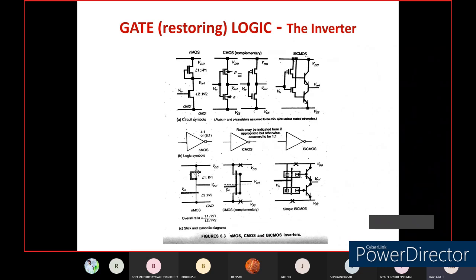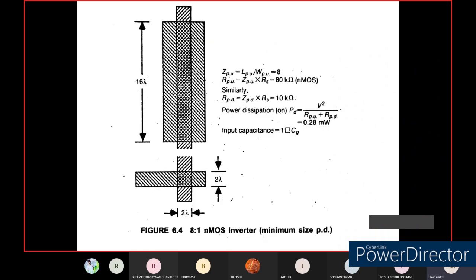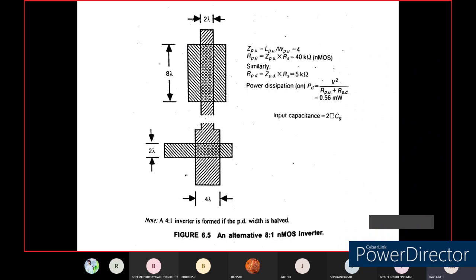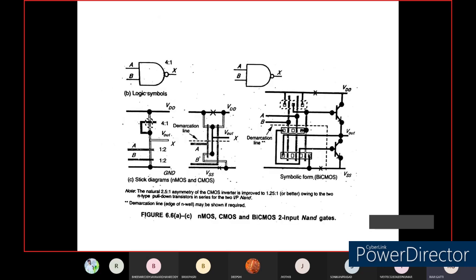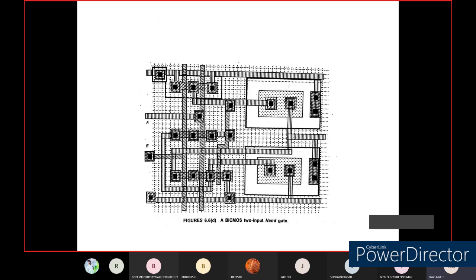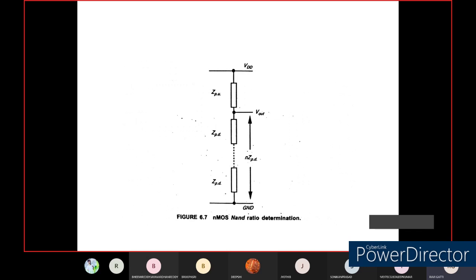If the bottom switch is activated, the output will be connected to ground or VSS. So we have learned gate restoration, how the pull-up and pull-down transmission ratio is calculated, NAND gate implementations, and how the NMOS NAND ratios can be implemented through the use of these impedance values.